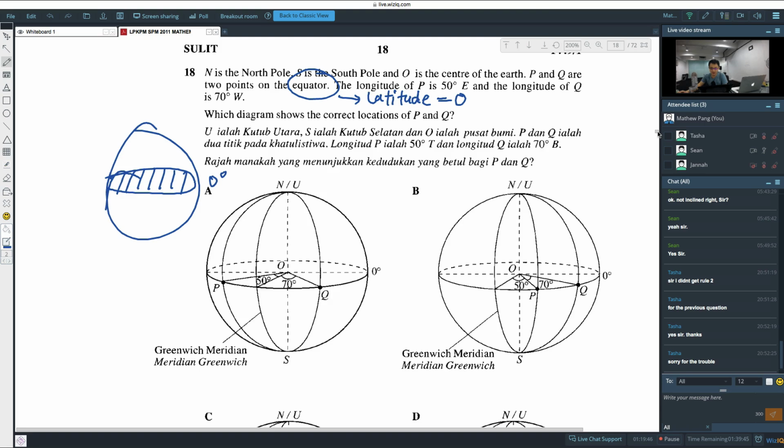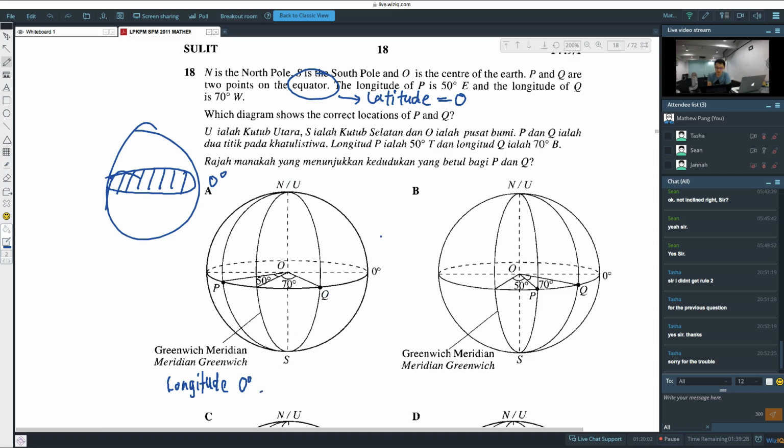In order to decide east or west, we have to see the Greenwich meridian, because the longitude is 0 at the Greenwich meridian. Greenwich meridian is over here.